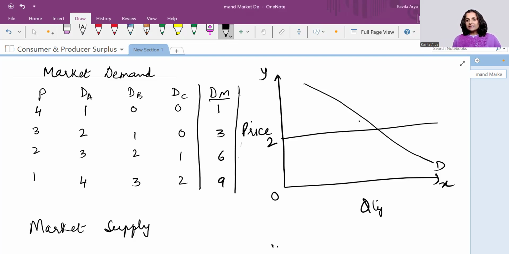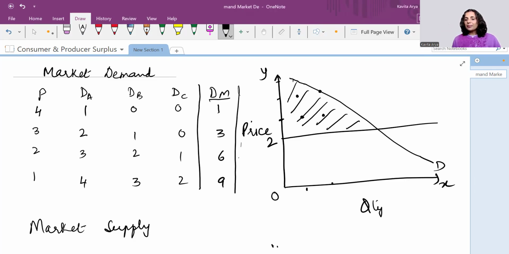So this shaded area, what does this show? This talks about the consumer surplus. Why and how? Because this area shows that when the price was 3, 4 or 5, there were some people who had some demand, right? There were some people who wanted to have some quantity at a price above 2 also.